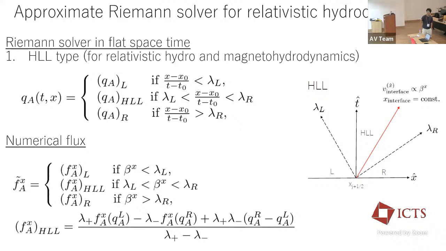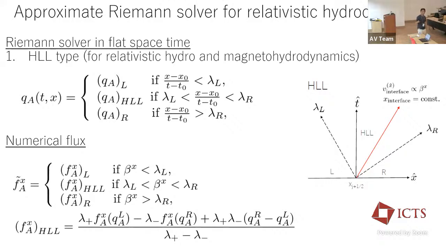If you calculate dx using this tetrad and the trajectory of the cell interface, you may get this red line, which describes the interface being constant in the inertial frame but not in the tetrad frame. And this interface drag velocity is proportional to the shift vector. This is a consequence of the frame dragging effect.